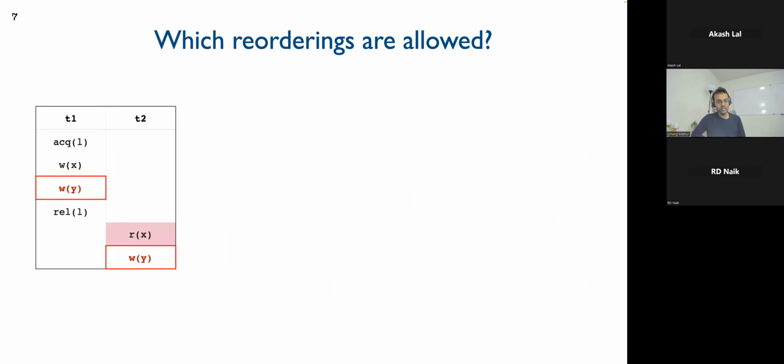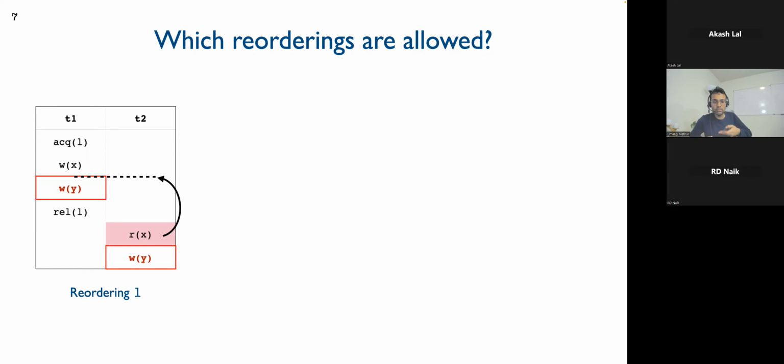So let's say I have this execution on the left, and I want to report a data race between the write y in thread T1 and the write y in T2, which are the third event and the last event. Right now they're not consecutive. So I need to do some reordering. I'm going to move the read x, and maybe also the subsequent write y, up above the write y in T1.